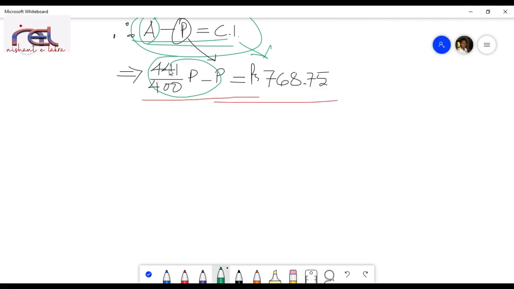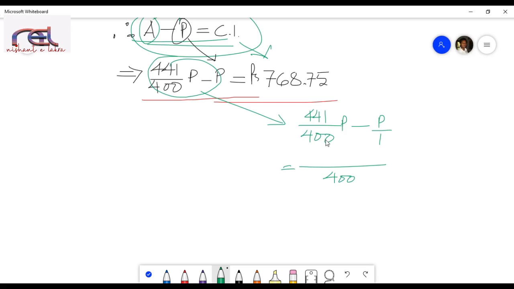Now let me explain how we can solve this 441 P by 400 minus P. Let me write it for you. 441 by 400 P minus P. We'll use the LCM method. The denominator of P will be 1, LCM will be 400.